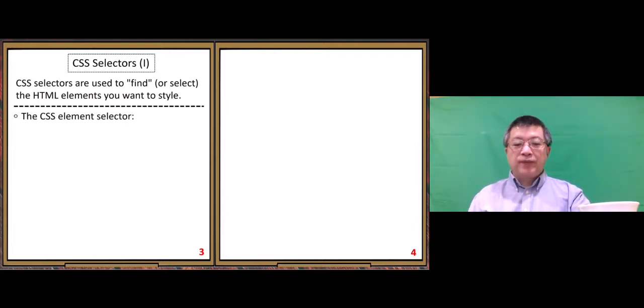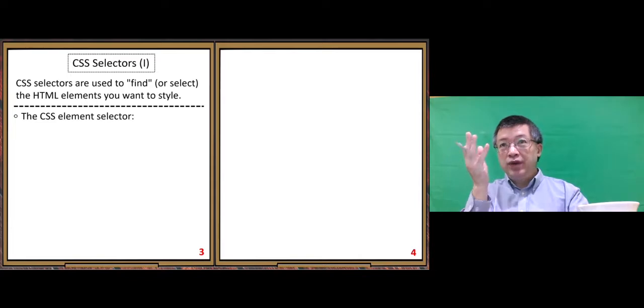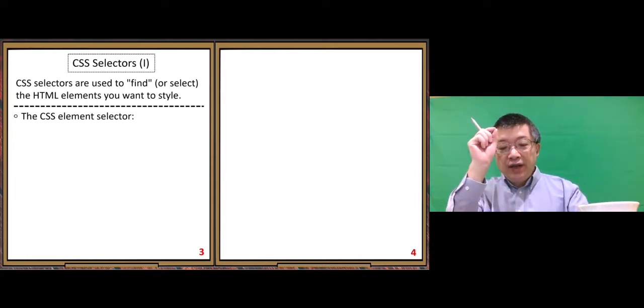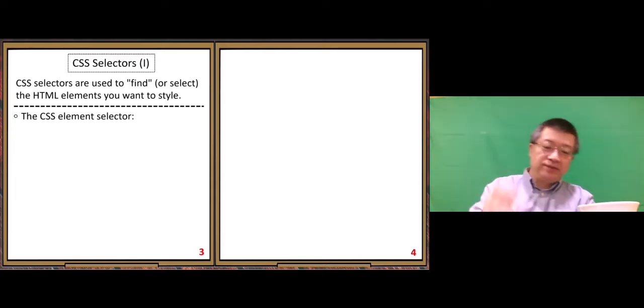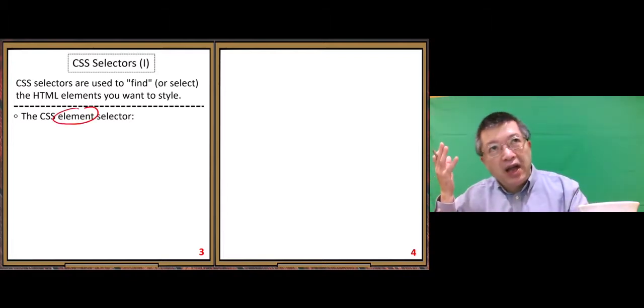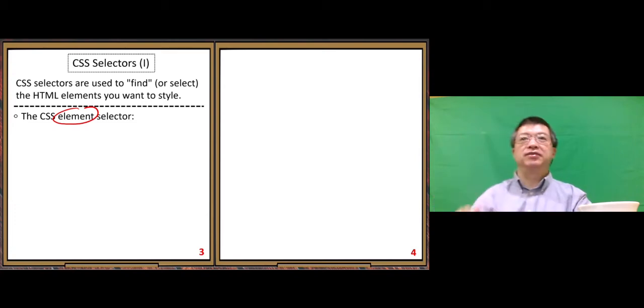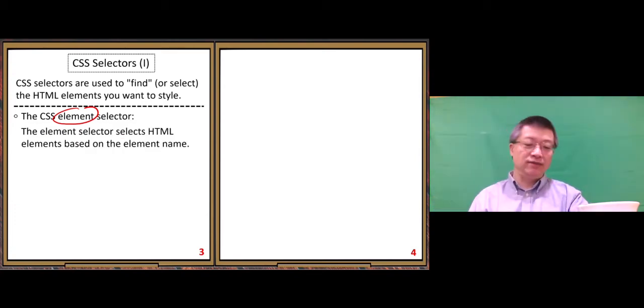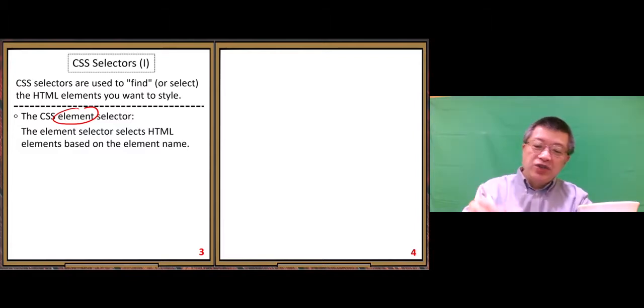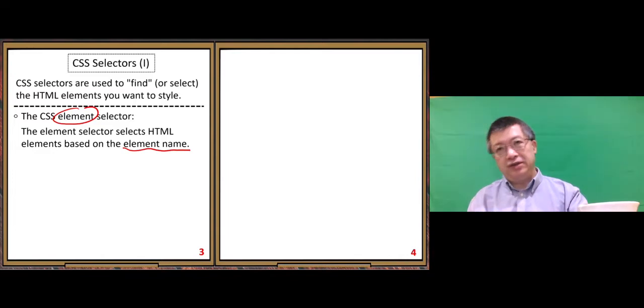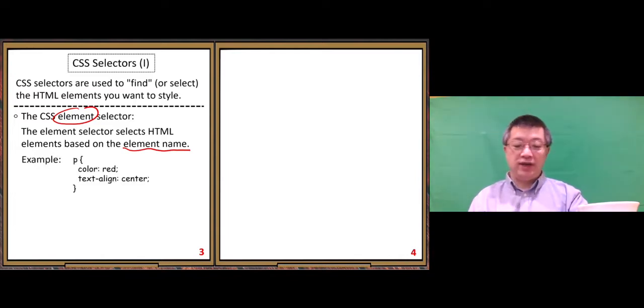The first way, we saw it in the previous slide, the element selector. We use it to select that particular element. That's easy. Just use the element name as our selector. Straightforward.